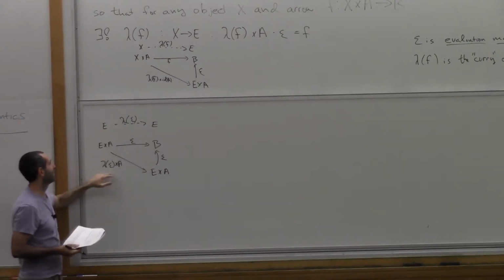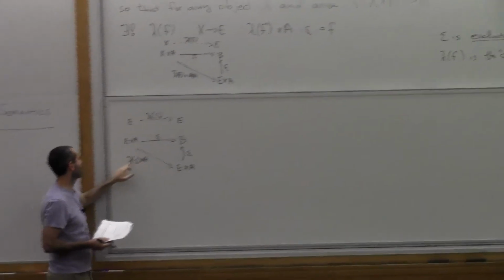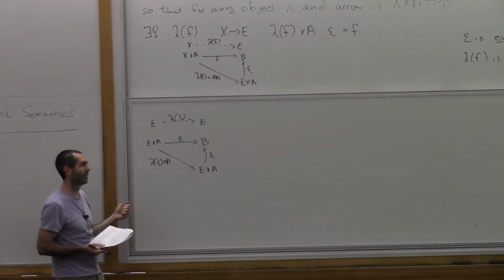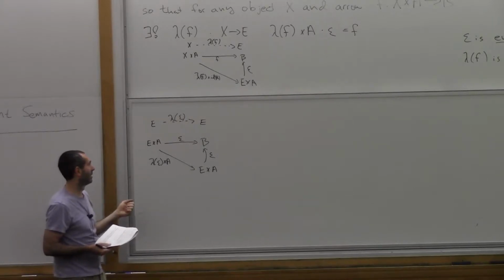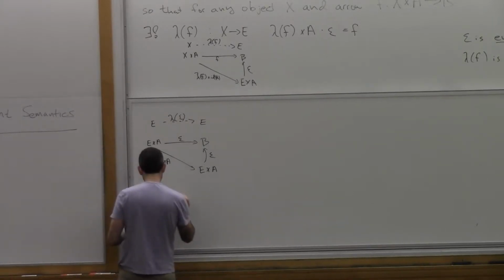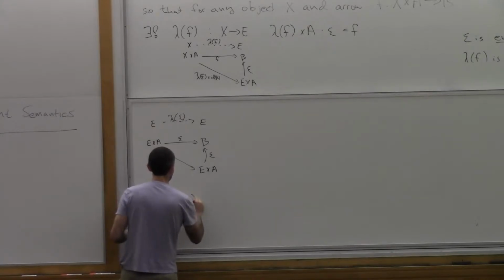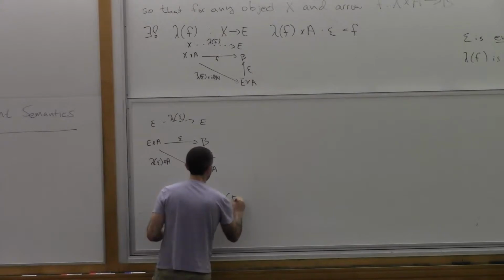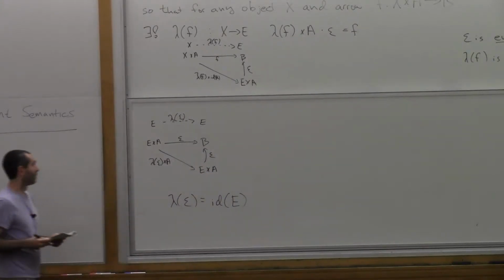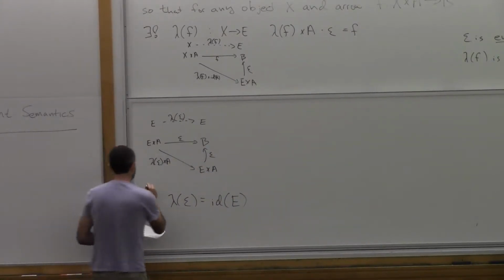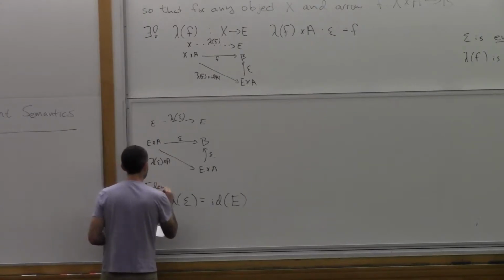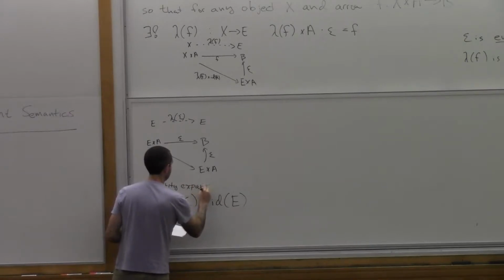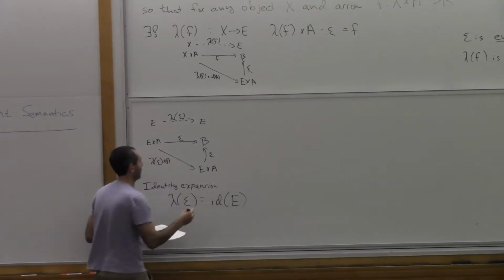There's a unique map that has this. If we cross the identity with the identity, by the functoriality of the product, its action on arrows, that's the identity. So we've just discovered that lambda of epsilon is the identity on E. And this is called identity expansion, in this case for exponentials.